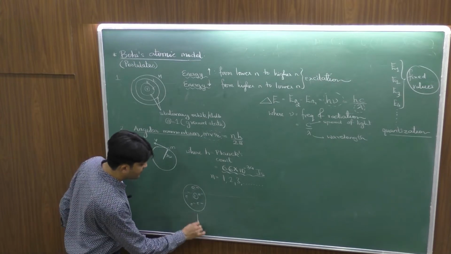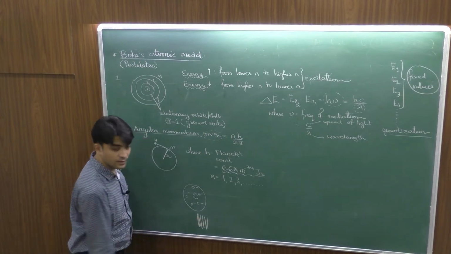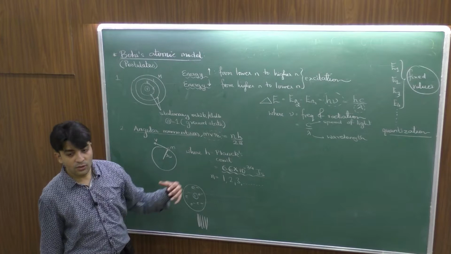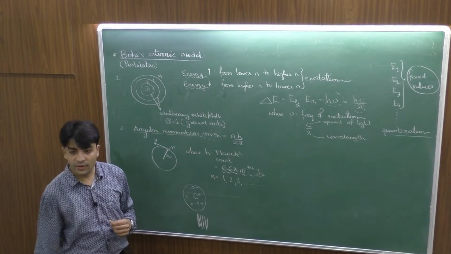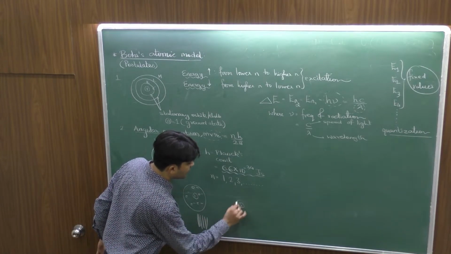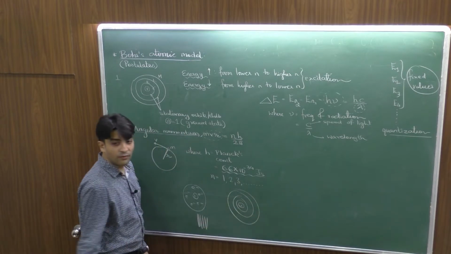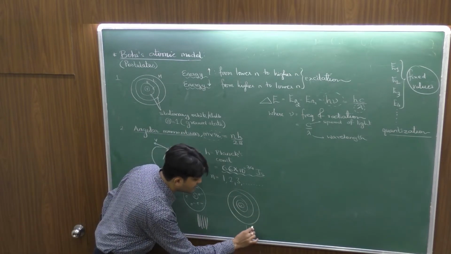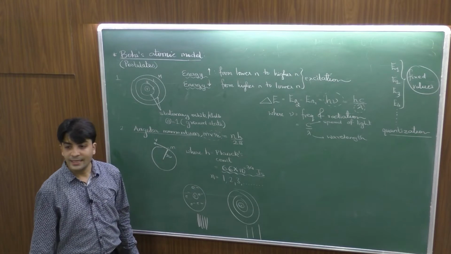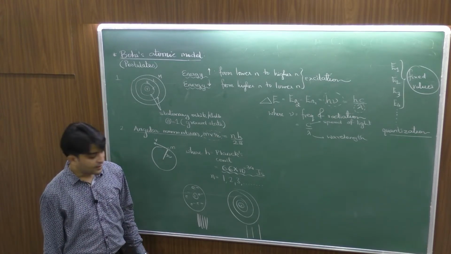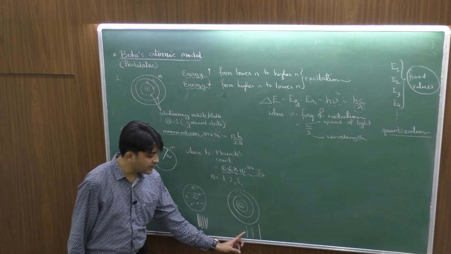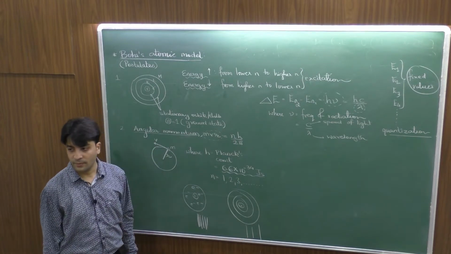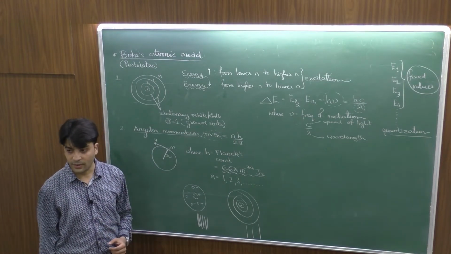In that case the spectrum will be somewhat like this. But now, with the quantization concept of definite wavelength values, the values are fixed and the electron will be present at particular distances from the nucleus. Now I'll not get this type of spectrum, I'll get somewhat this type of spectrum. So that is the concept of atomic spectra.